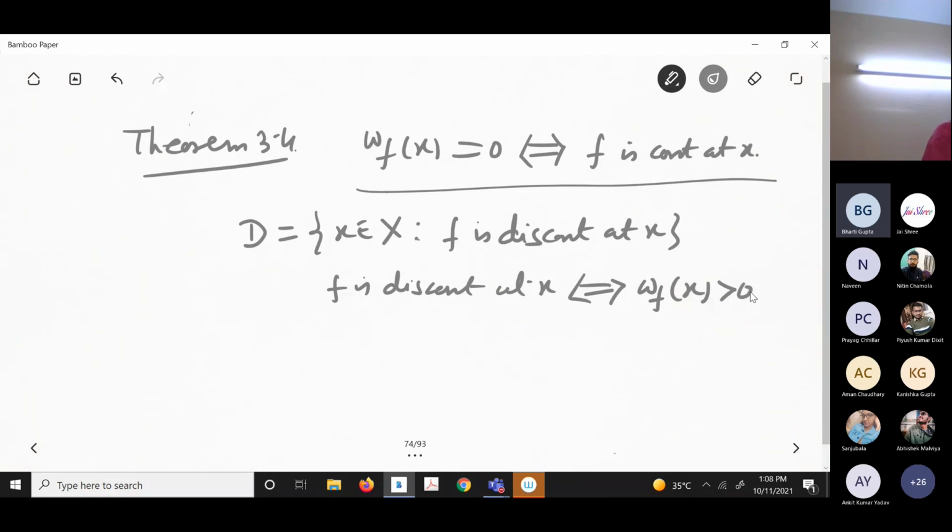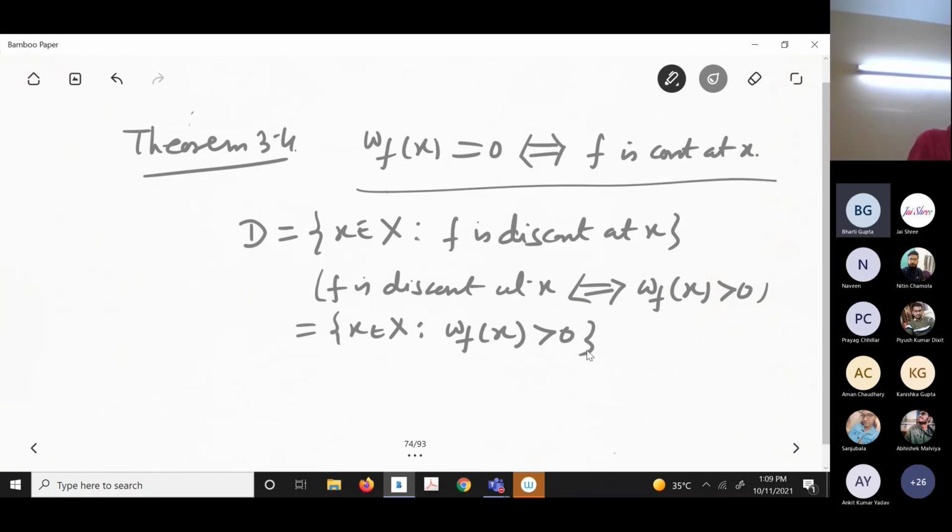So that means D equals the set of X for which omega F(X) is greater than 0.